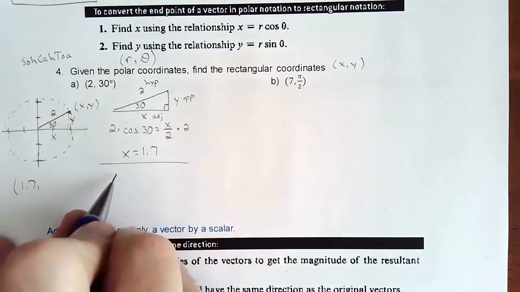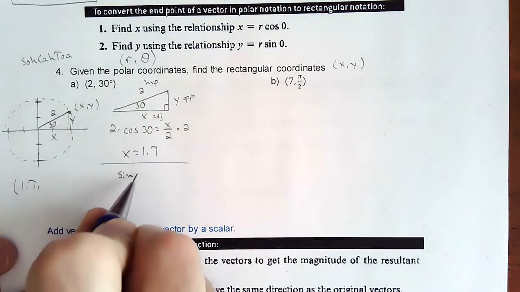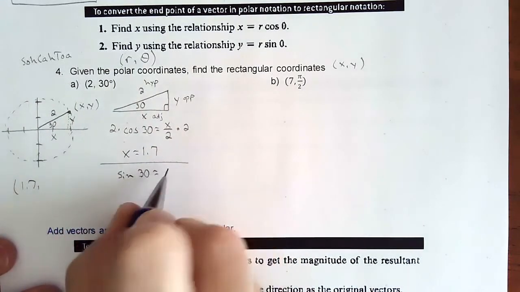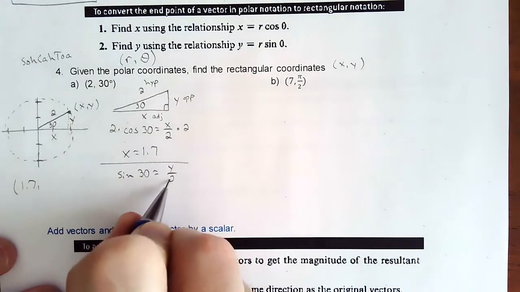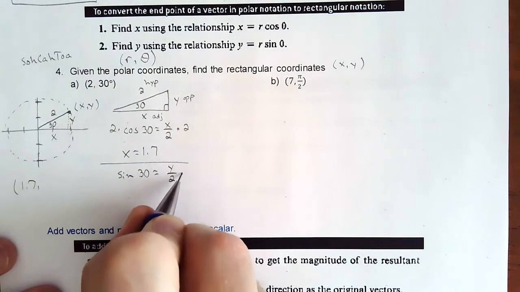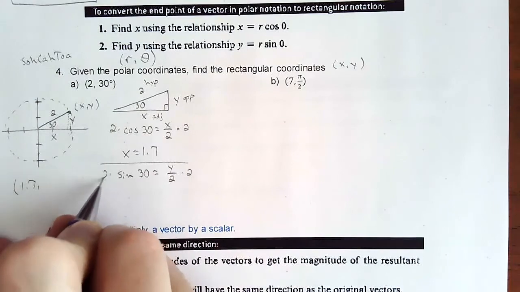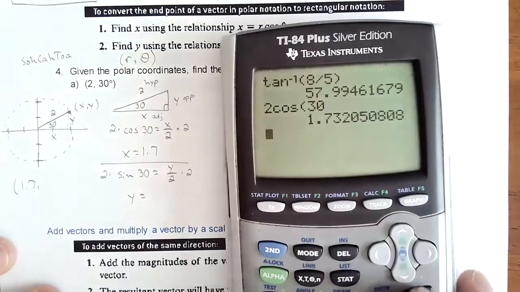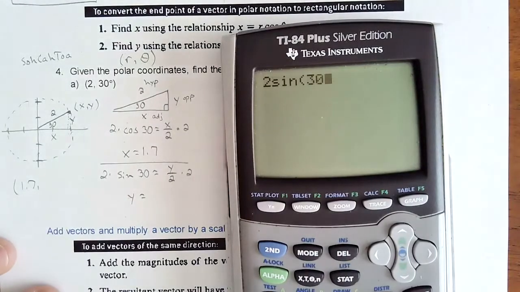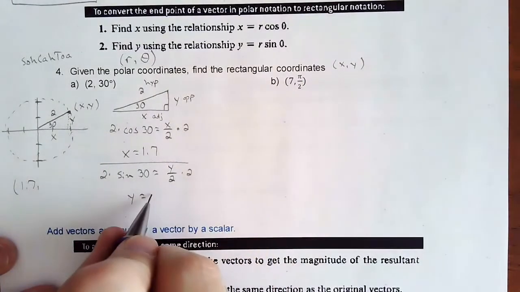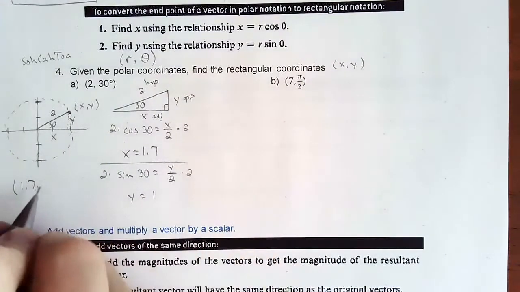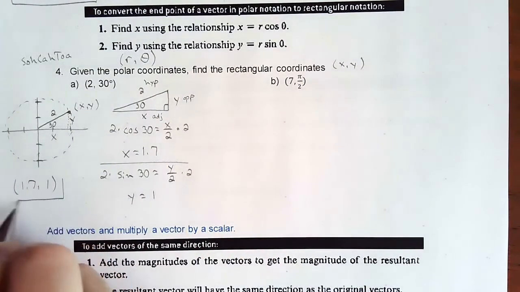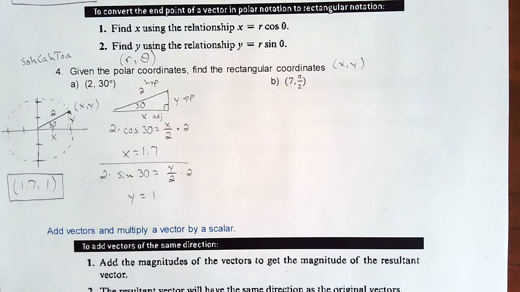So then I'll set up sine of 30 is going to be the opposite over the hypotenuse. We clear out our fraction by multiplying by 2. And so our y value is going to equal whatever 2 times sine of 30 is, which is 1. Right? So that is our x and y value.